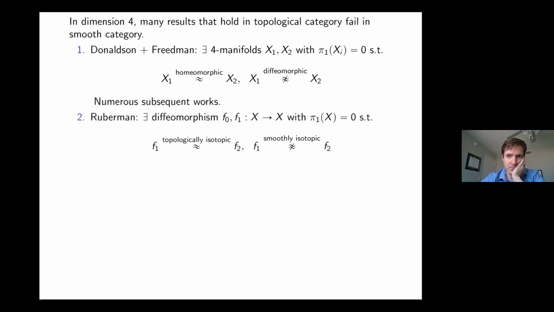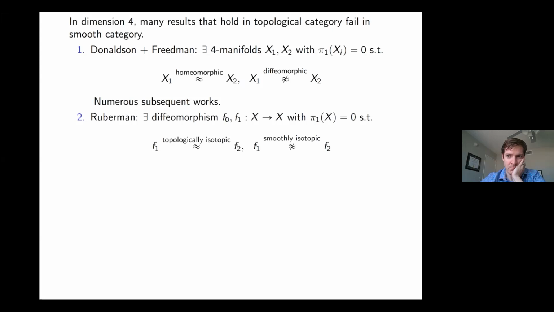The second instance was a result by Daniel Ruberman in the 1990s. Ruberman found a pair of diffeomorphisms, F0 and F1, from some simply connected four-manifold X to itself, such that they are topologically isotopic to each other, but not smoothly isotopic to each other.